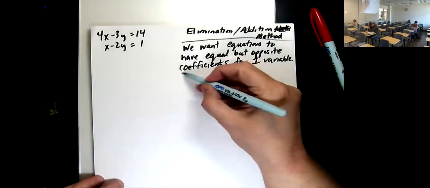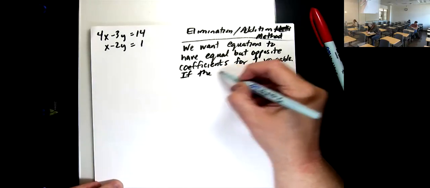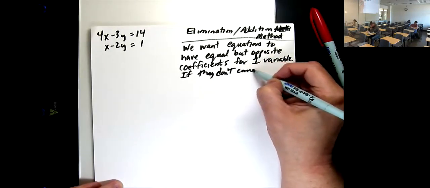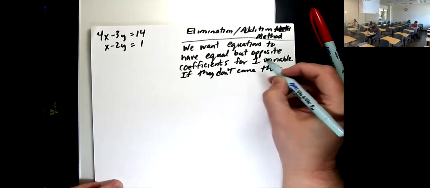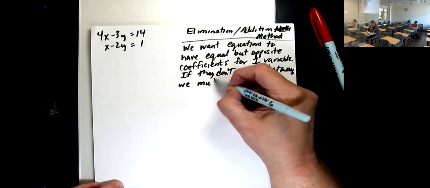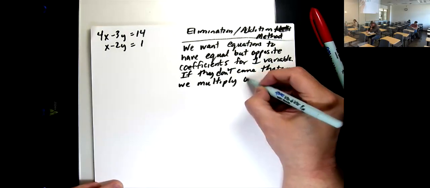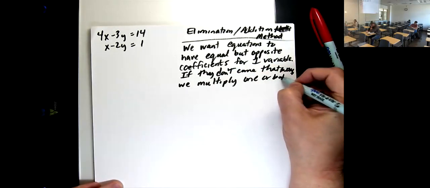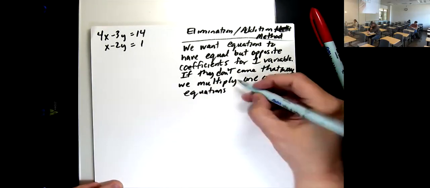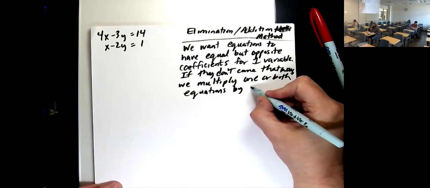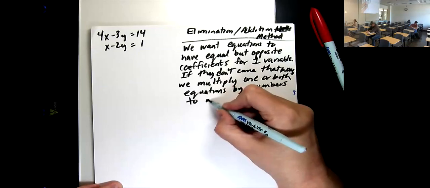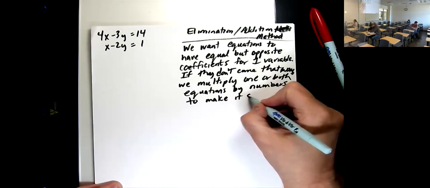If they don't come that way, multiply one or both equations to make it happen. By values, I should say. We'll make it so.